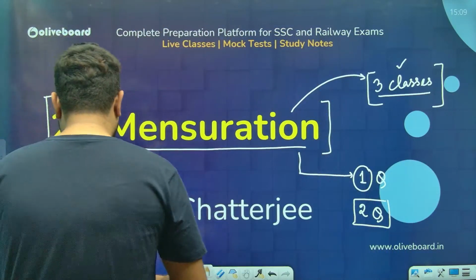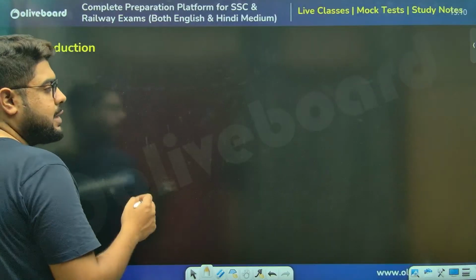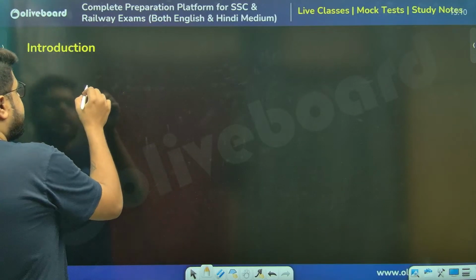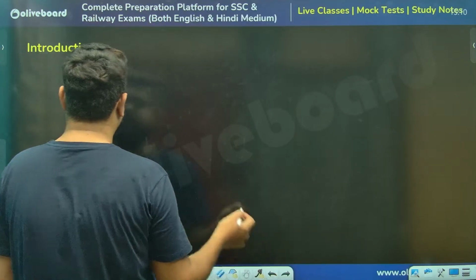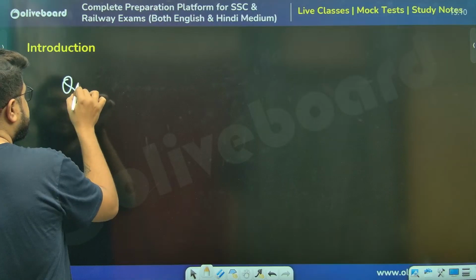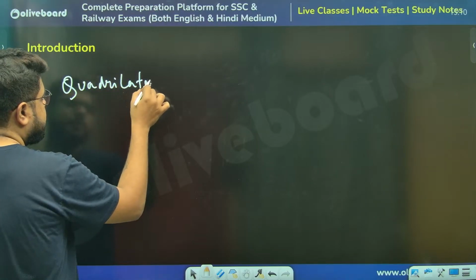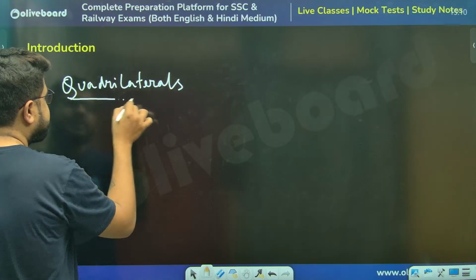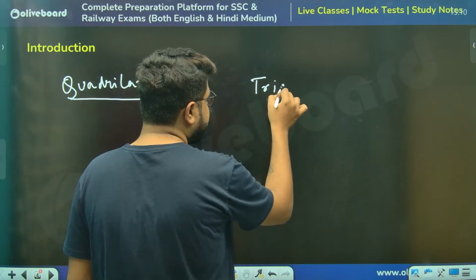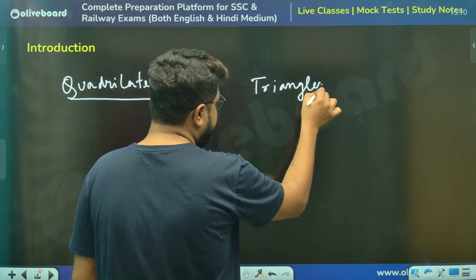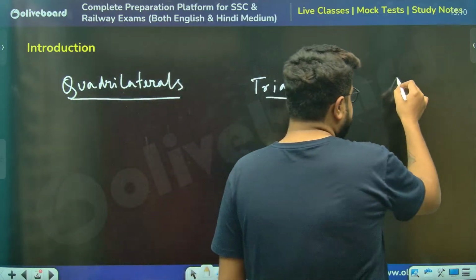Now, what are the subtopics that you need to understand here? Quadrilaterals is one part, which you must do. Triangles is very important, and you get most of the questions from triangles. Then circles.